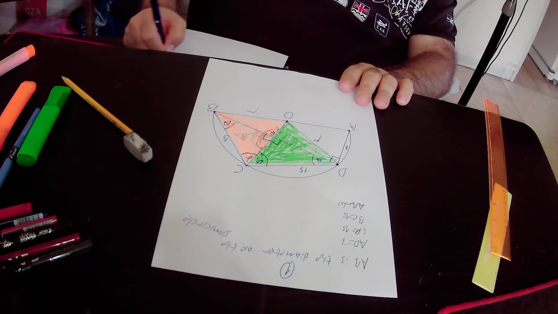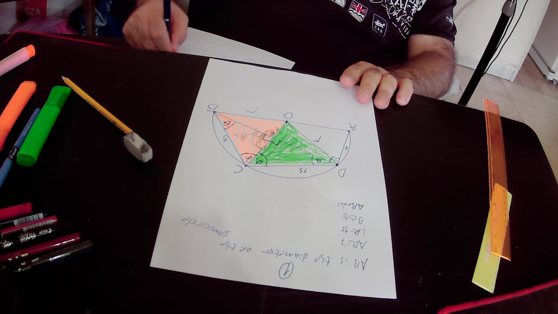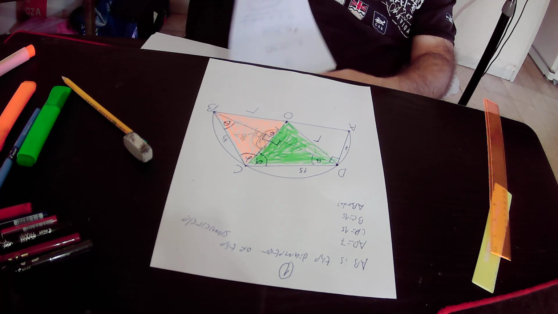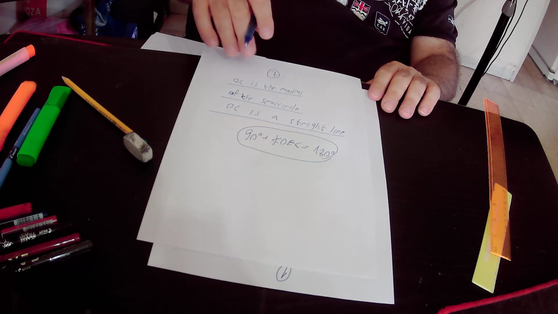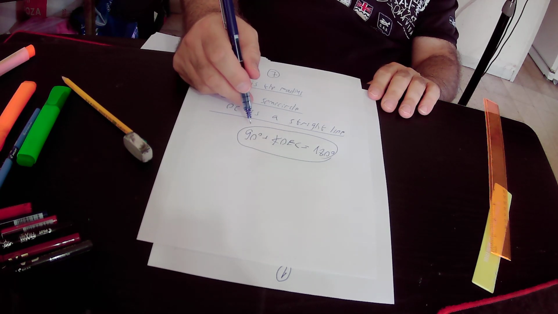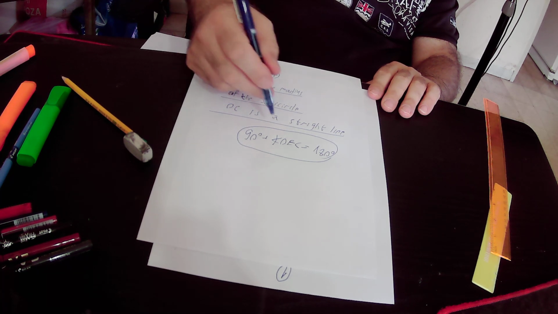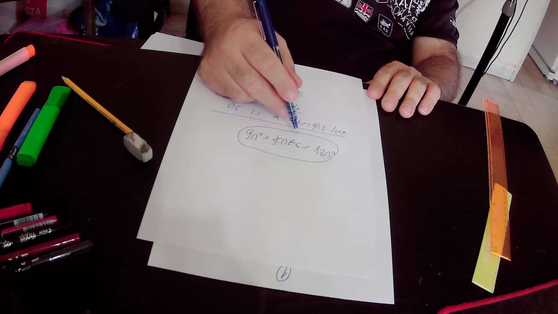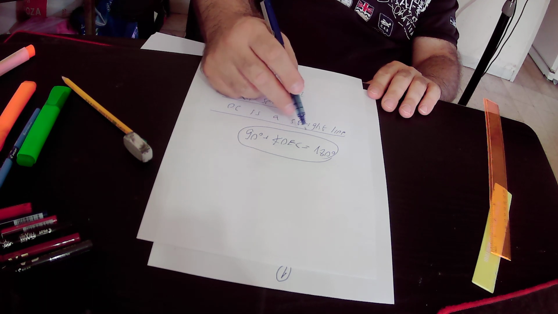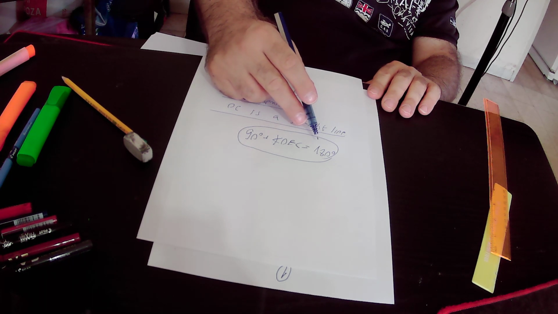So we got the equality that states that the sum of those two angles, one is a right angle and the other one is angle OEC, in total is equal to 180 degrees.